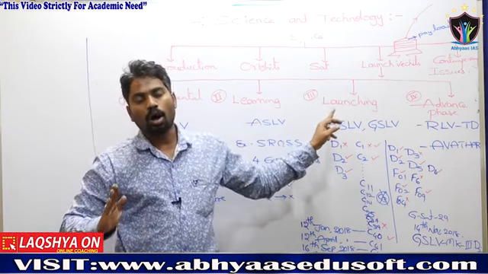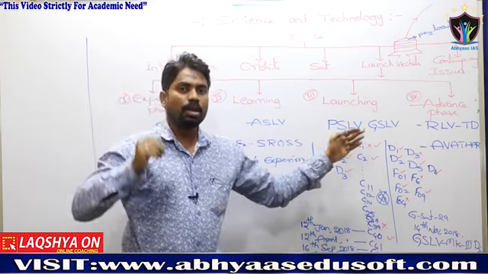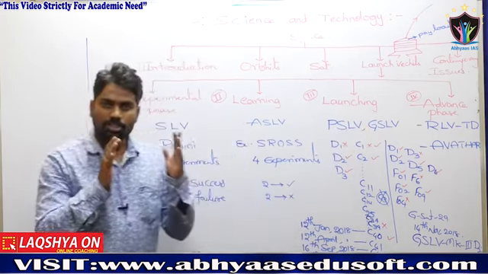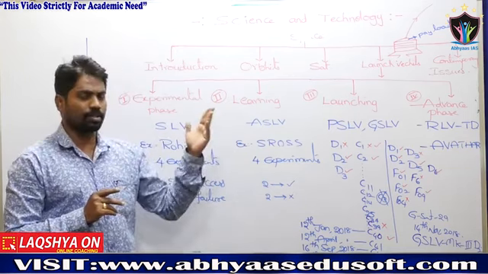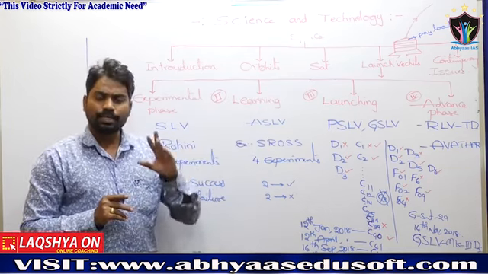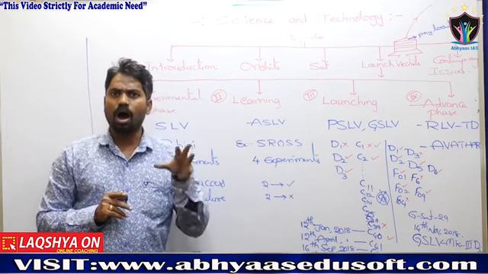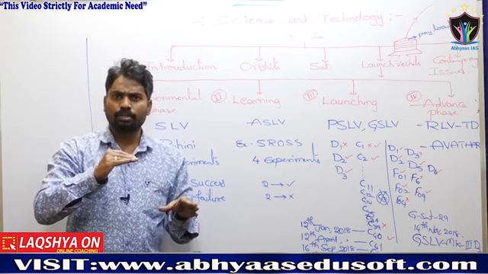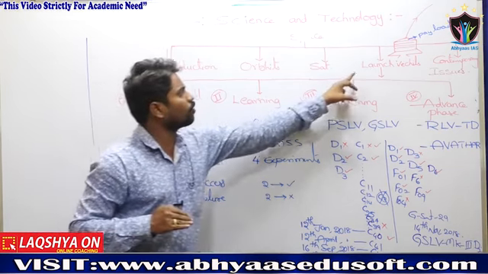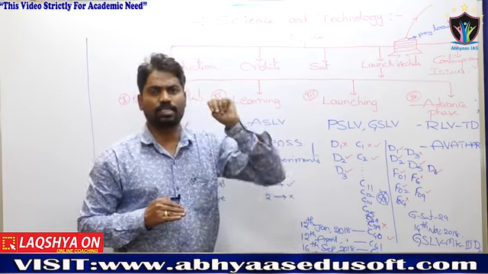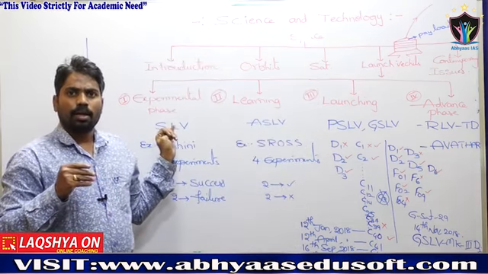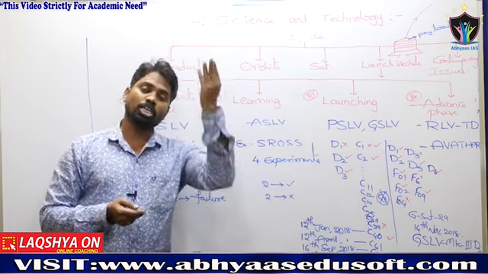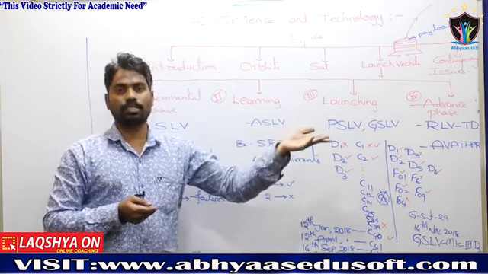Number three, launching phase. Number four, advance phase. The development of launching vehicles is divided into these four phases.